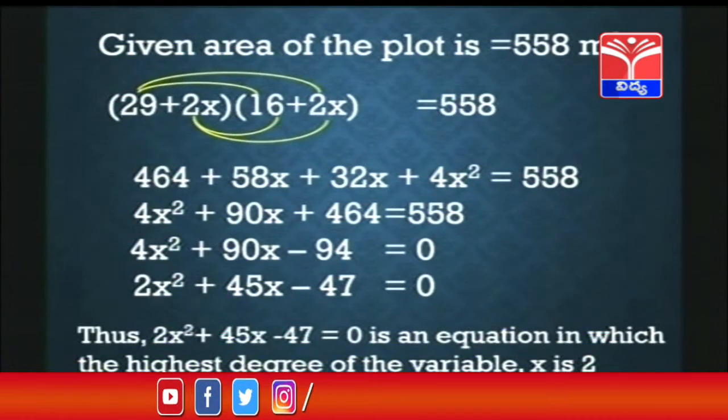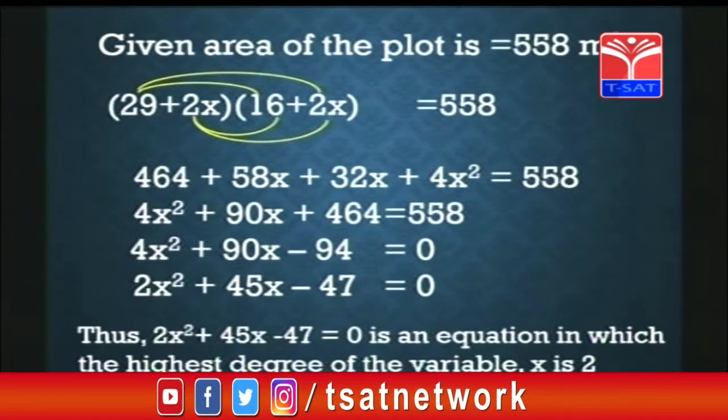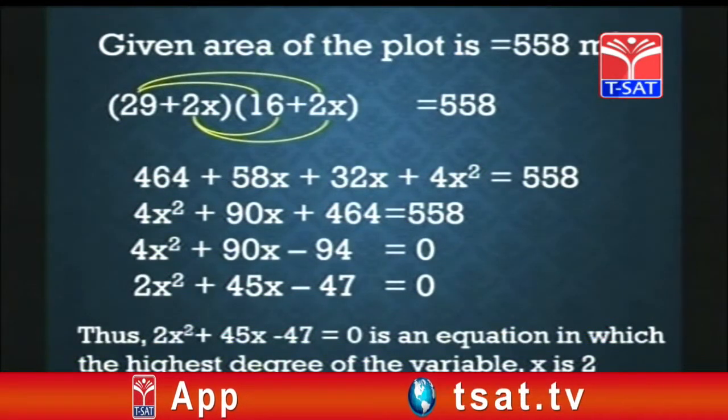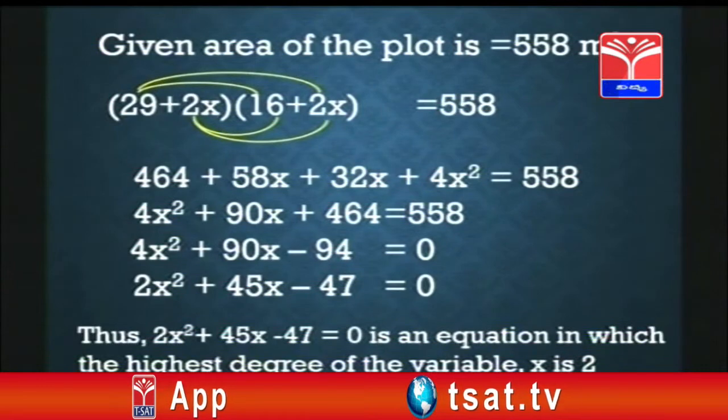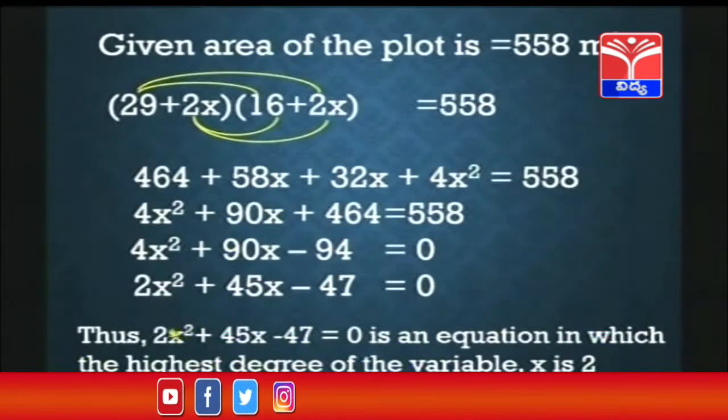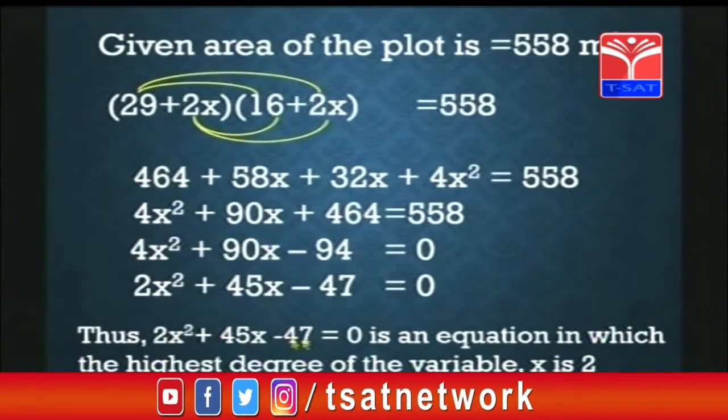Thus, 2x square plus 45x minus 47 is equal to 0 is an equation in which the highest degree of the variable x is 2.